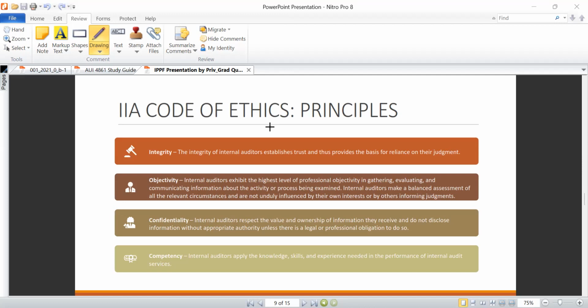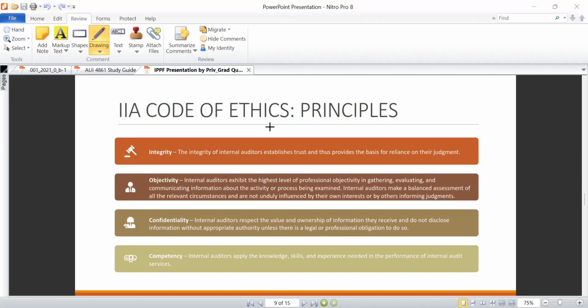Then the second important principle is objectivity. With objectivity, we need to maintain a high level of objectivity in how we gather information, how we evaluate the information we've gathered, and how we convey it to interested parties. So it is something we must maintain through all those steps: gathering, evaluation, and communication.